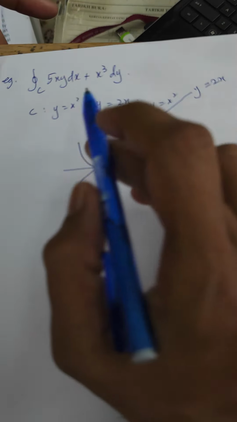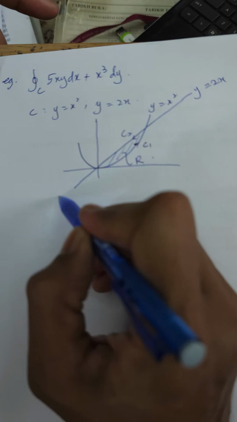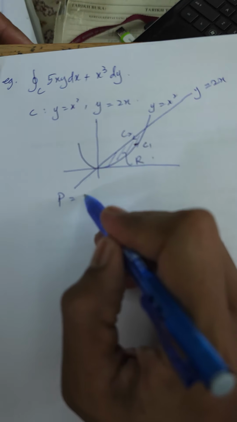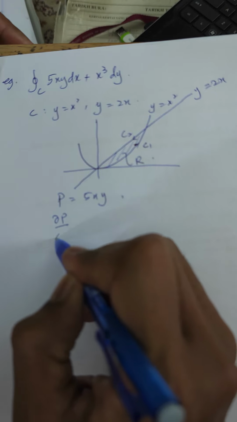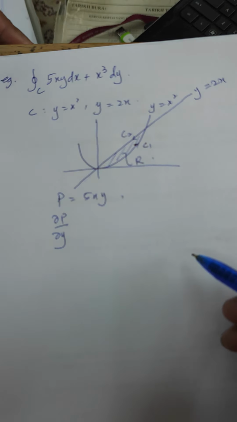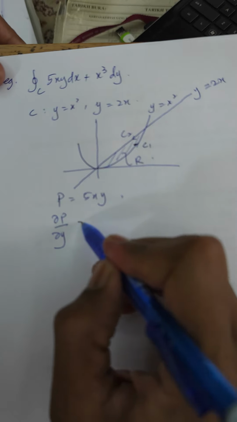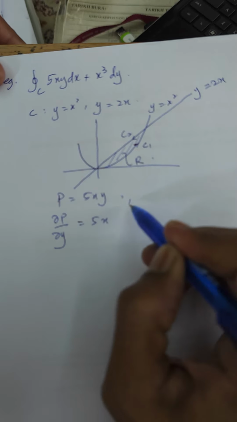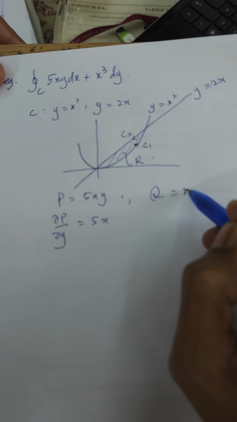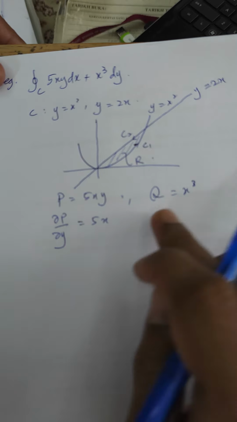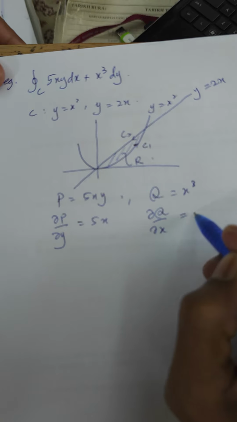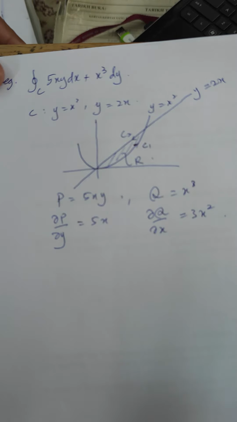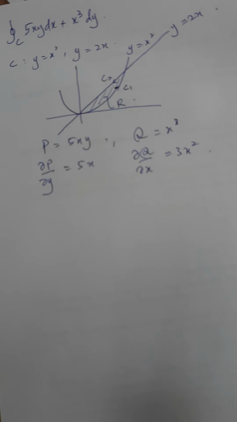Yeah. So our P is 5xy, and for P we differentiate with respect to y. So we have here 5x, and for Q we have x cubed. For Q we differentiate that with respect to x. That gives you 3x squared. Okay.